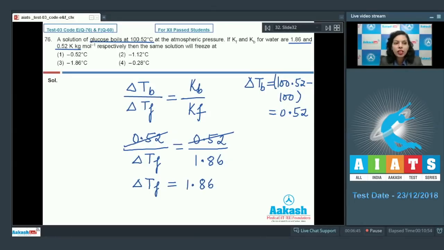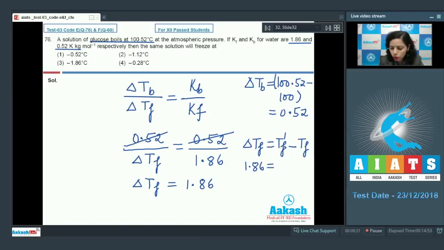Now you have delta Tf. What would be the value of the freezing point? We know that this delta Tf value is equal to Tf dash, that is the freezing point of pure solvent, that's water, minus the freezing point of the solution. In this case, the delta Tf value we already have, that is 1.86.